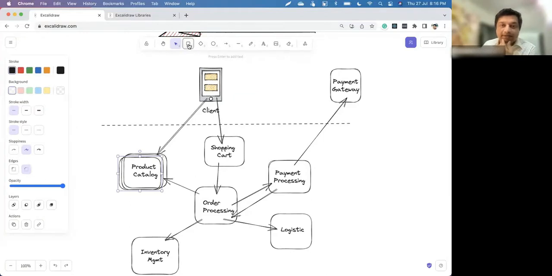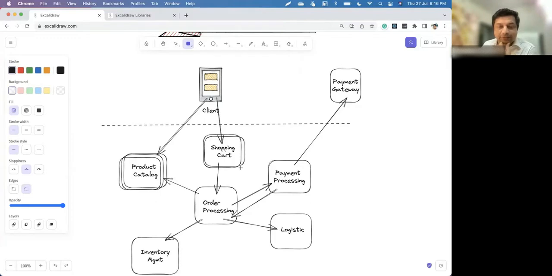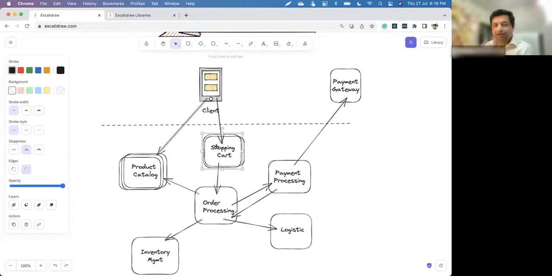So if we have say 3 million users looking at the iPhone, maybe 1 million decide to buy it. So shopping cart may not need that much scalability. Product catalog may need more scalability here, right?